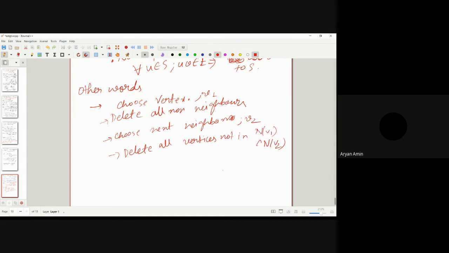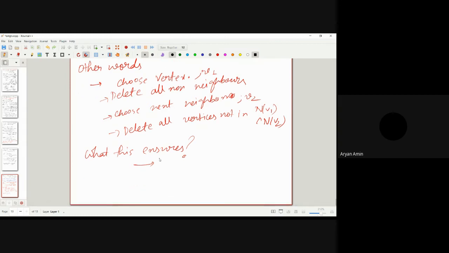In other words, those which are not a common neighbor of v1 and v2. So what this ensures is basically that S must be a clique when the process ends.